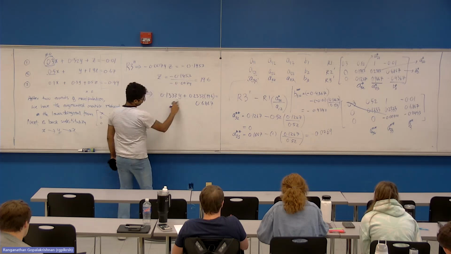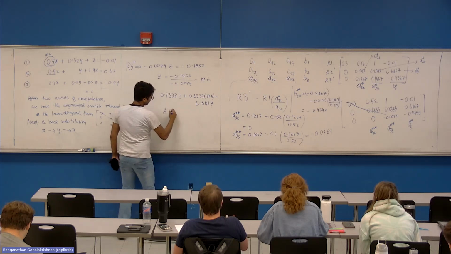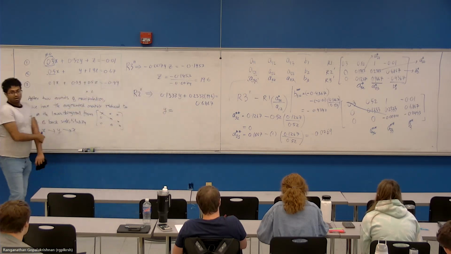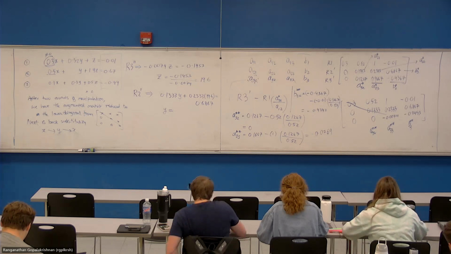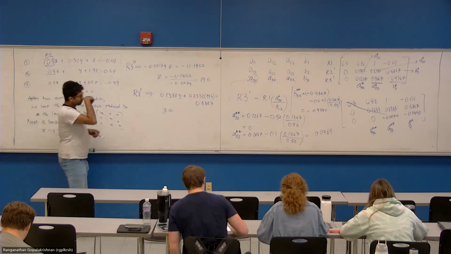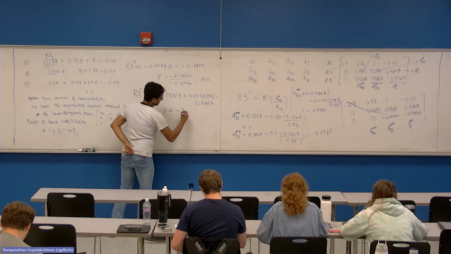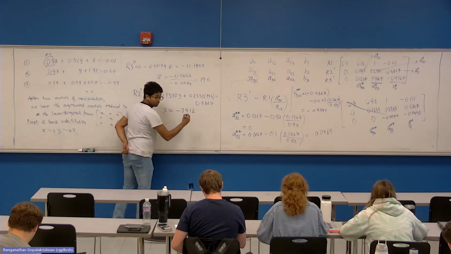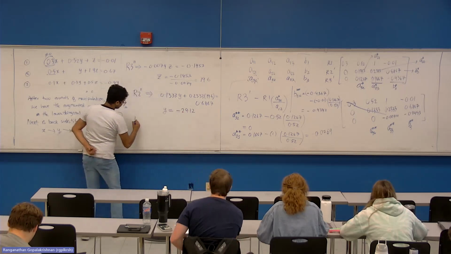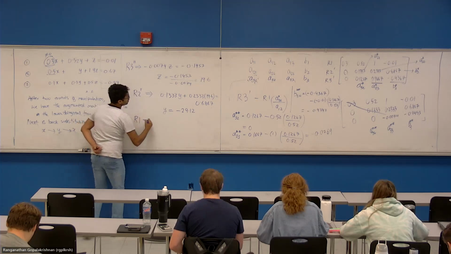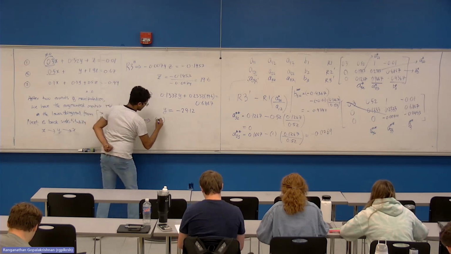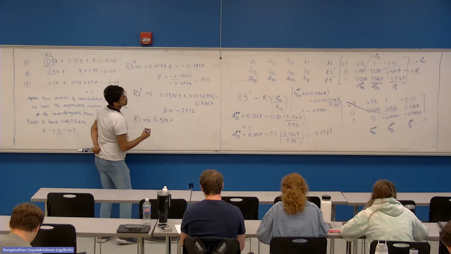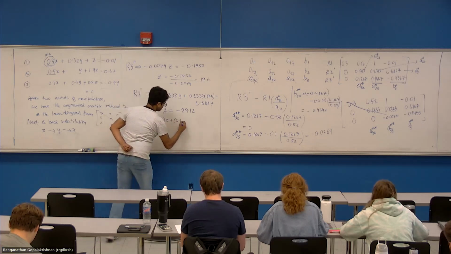So now if you rearrange and solve for y, what do you get? Negative 29.12.